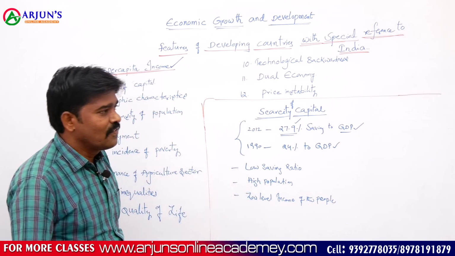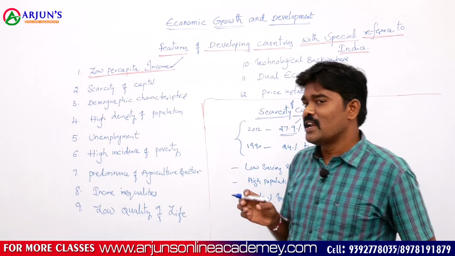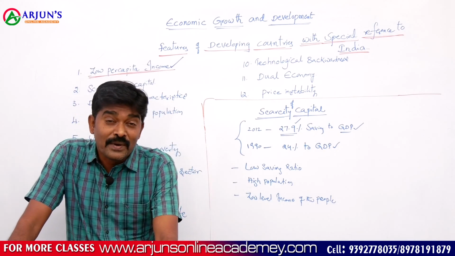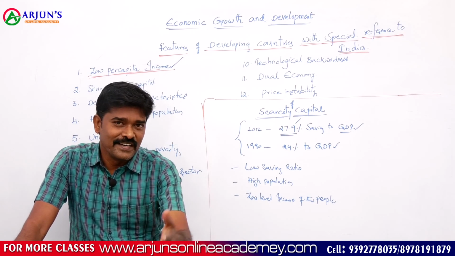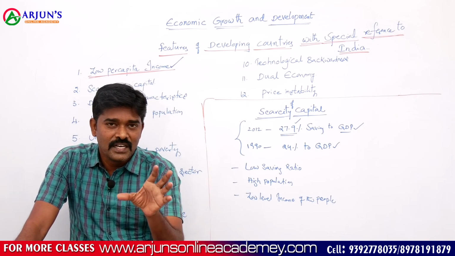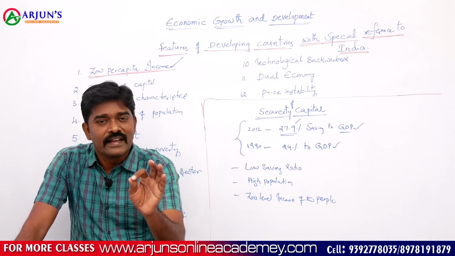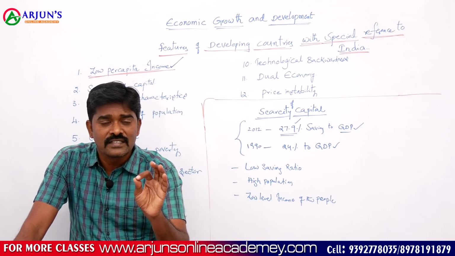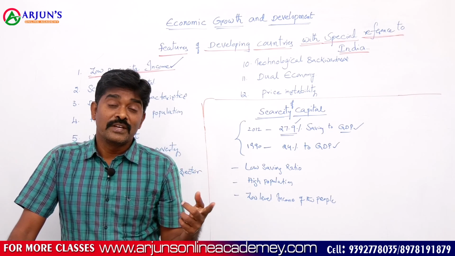So, due to this scarcity of capital, we are unable to utilize the natural resources properly. We are unable to implement advanced technology in different institutions and sectors. That is why the majority of people in our country still depend on the agriculture sector for their livelihood. The agriculture sector contributes more employment in our country when compared to developed countries.